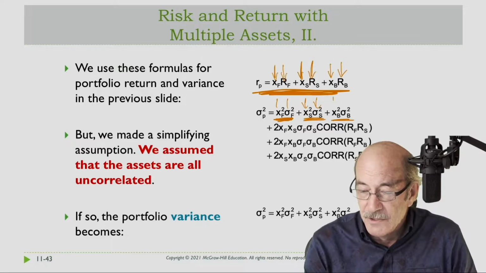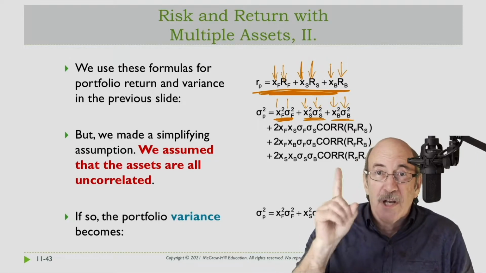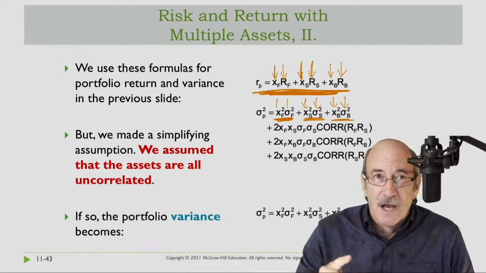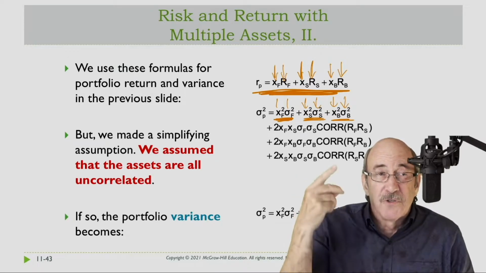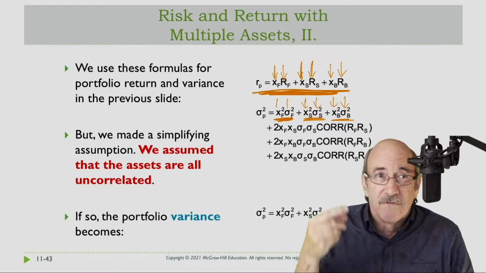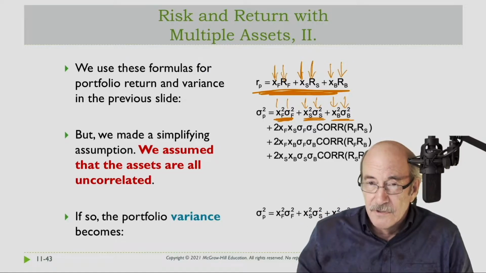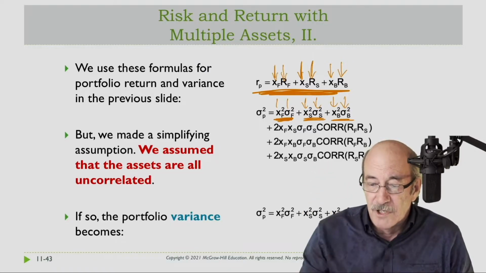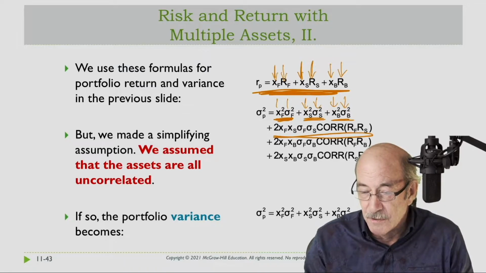And then on the bonds, the weight squared times the variance. Now, instead of just having one interaction term, I have to think about, well, I've got U.S. bonds to U.S. stocks. I've got U.S. stocks to foreign stocks, and then I've got U.S. bonds to foreign stocks. So I've got three correlations I have to deal with. So that's why I have these three terms here.